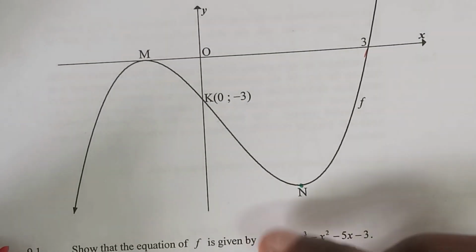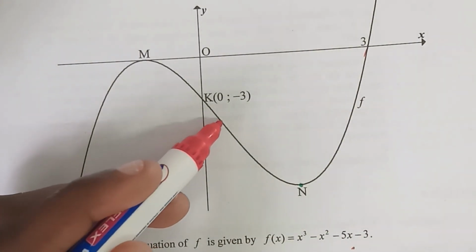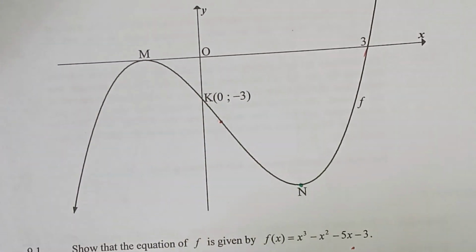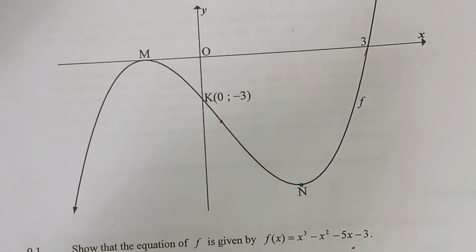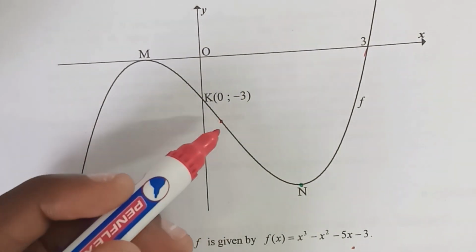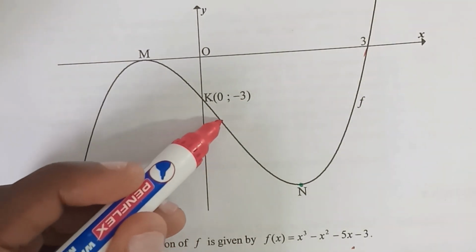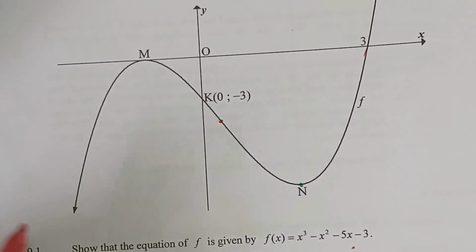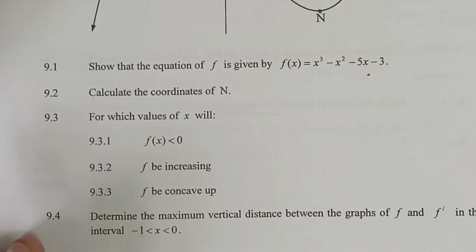For the concavity, it is where a graph changes from concave up to concave down, at the point of inflection. The point of inflection is the one that determines the graph as concave up or concave down. So for us to get this question correctly, we have to find the point of inflection first.